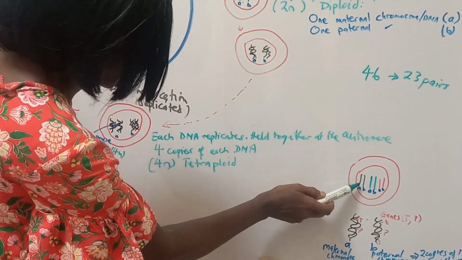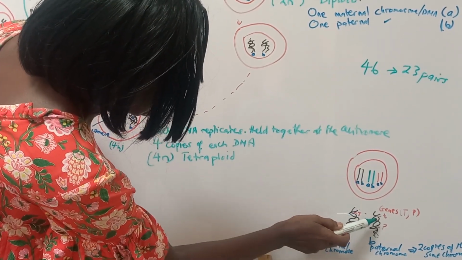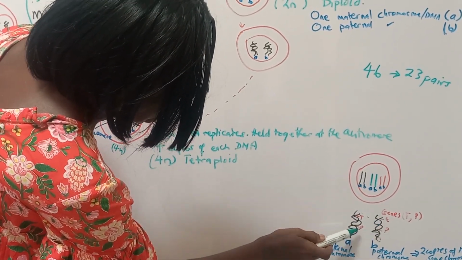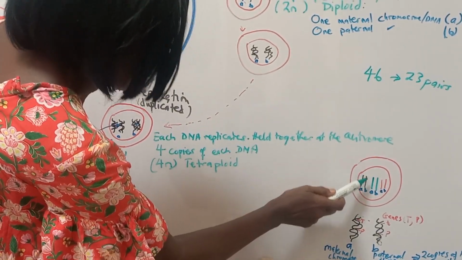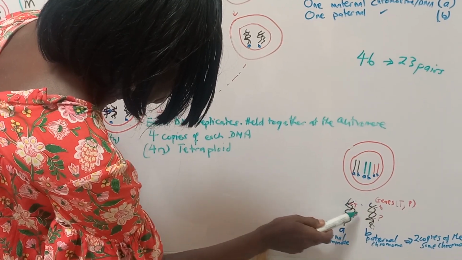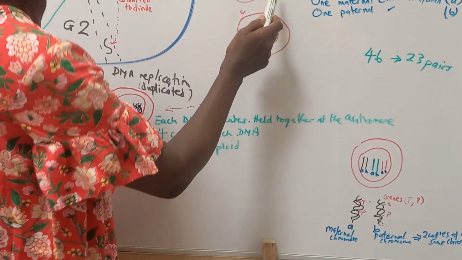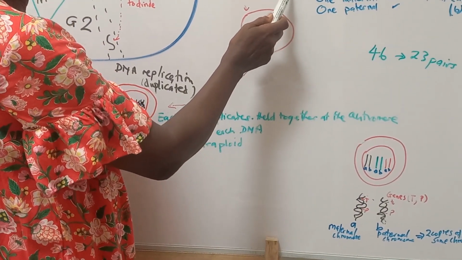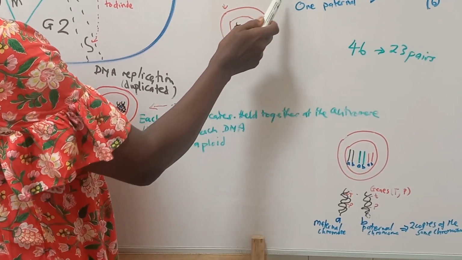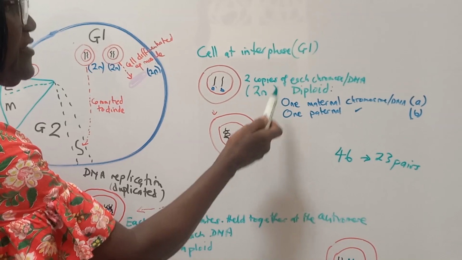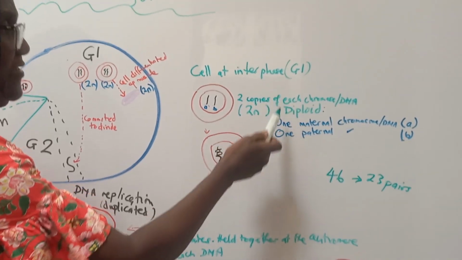If the gene for maternal is T, the gene for paternal will be T. That is why there are two copies of the same chromosome. And this is what gives us the 2N diploid: two copies of the same chromosome having the same genes or similar genes.